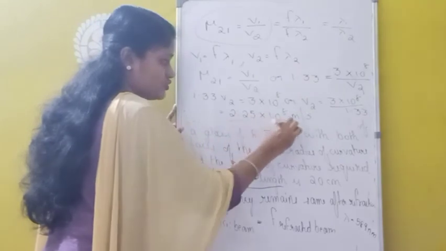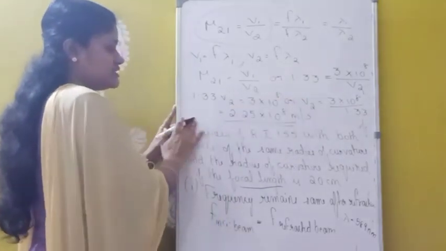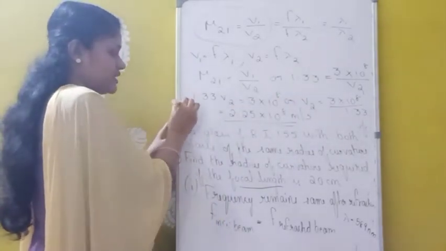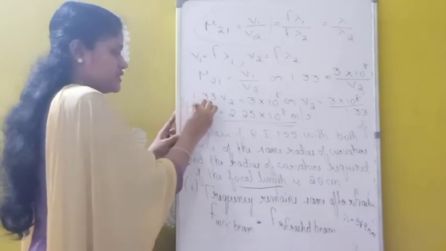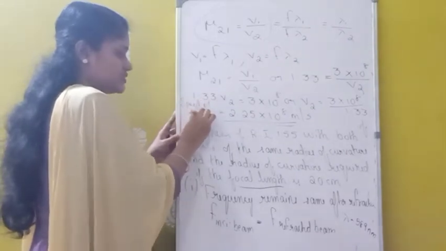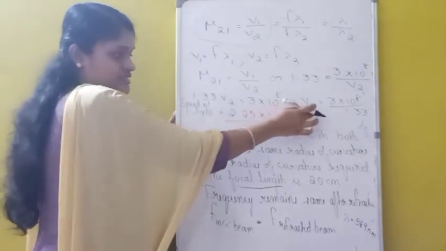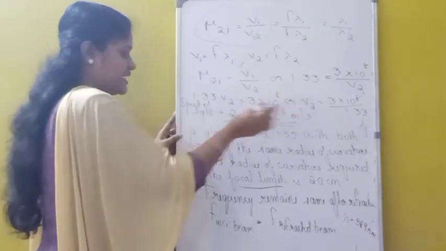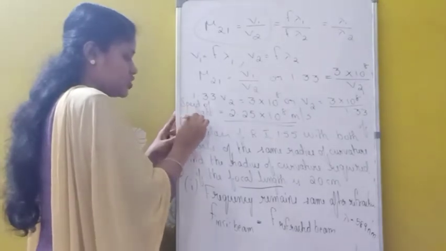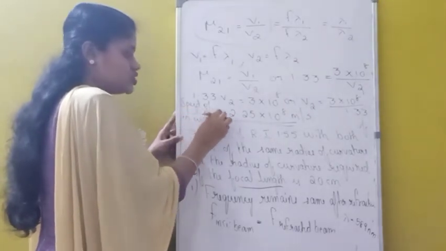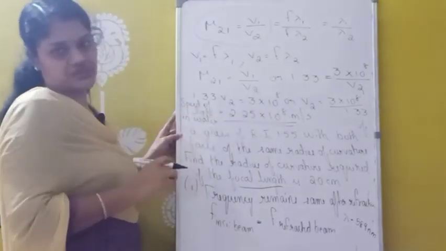What is V2 here? The first medium is air, and V2 is the speed of light in water, the second medium. So the speed of light in water is 2.25 into 10 raised to 8 meter per second.